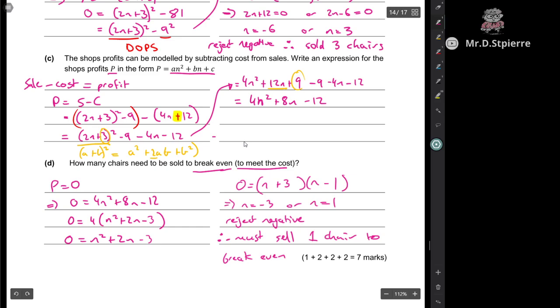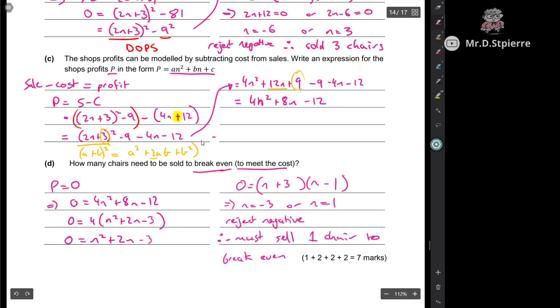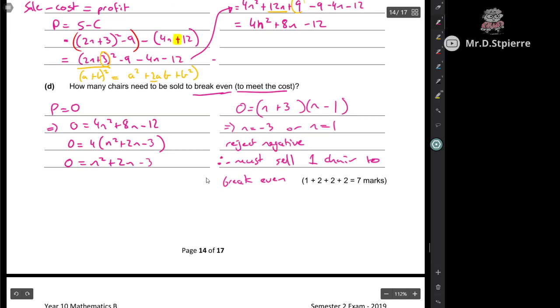But for those of you going into general and further, you do heaps of financial mathematics and what's called linear programming, which is doing stuff like this, having equations for costs, for sales, but then maybe also having equations for factory maximum, so having a maximum amount of chairs that you can make in a time and all sorts of other things. And so you'll do more complex versions of this and lots of that.